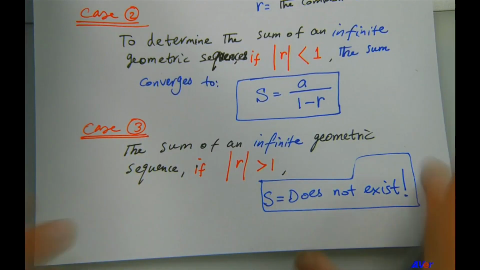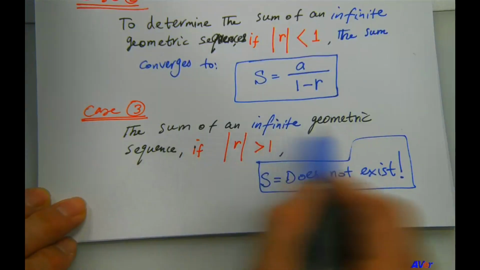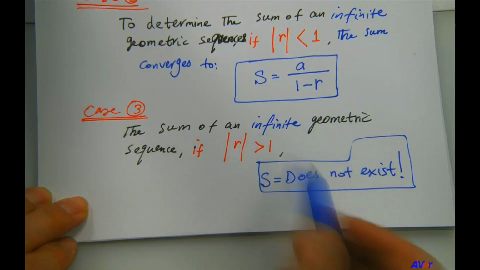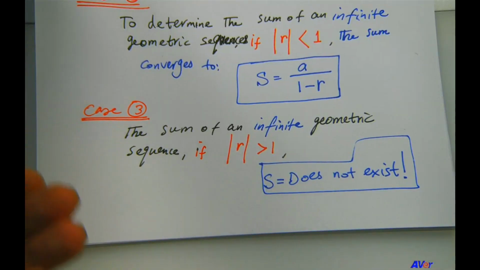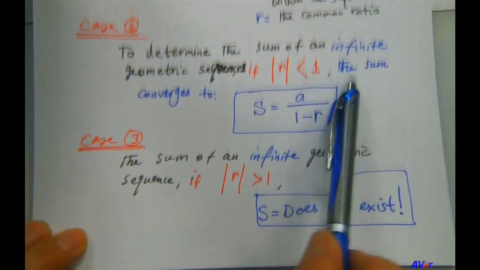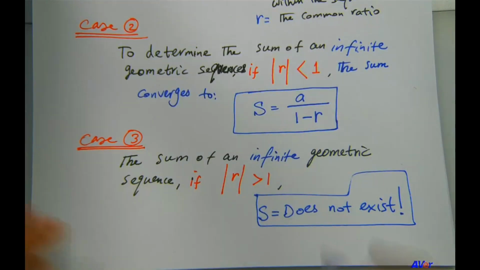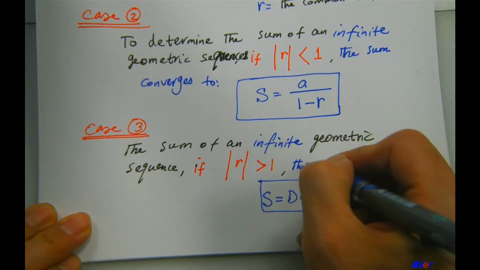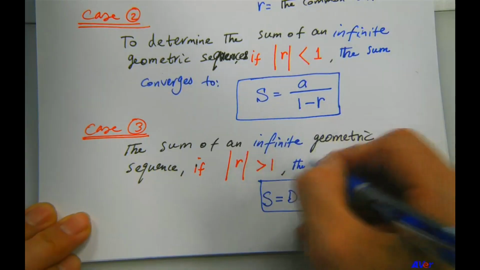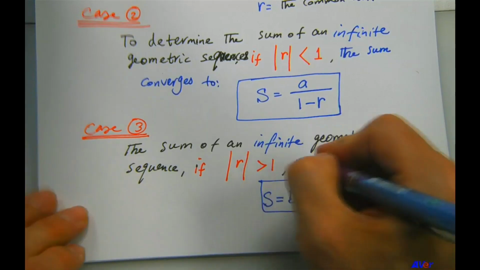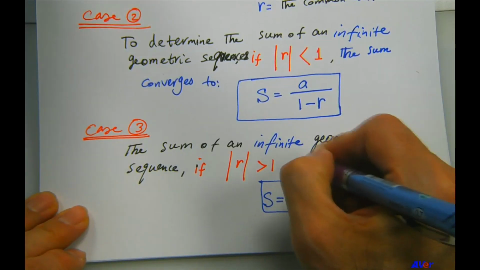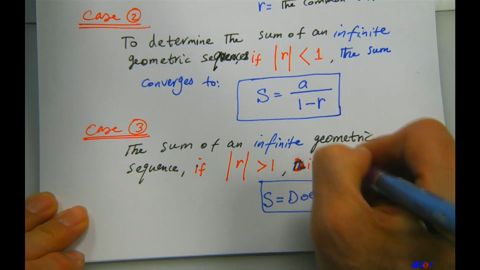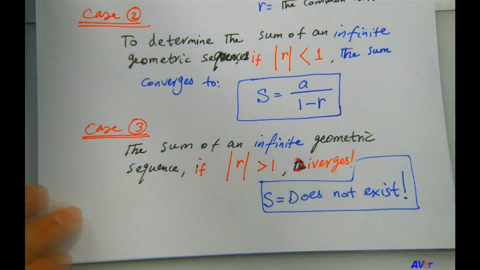Let me add that as a matter of fact. The sum of an infinite geometric sequence, if it diverges. So here we said the sum converges for case 2. The sum of that diverges. That's how I should state that. Diverges.